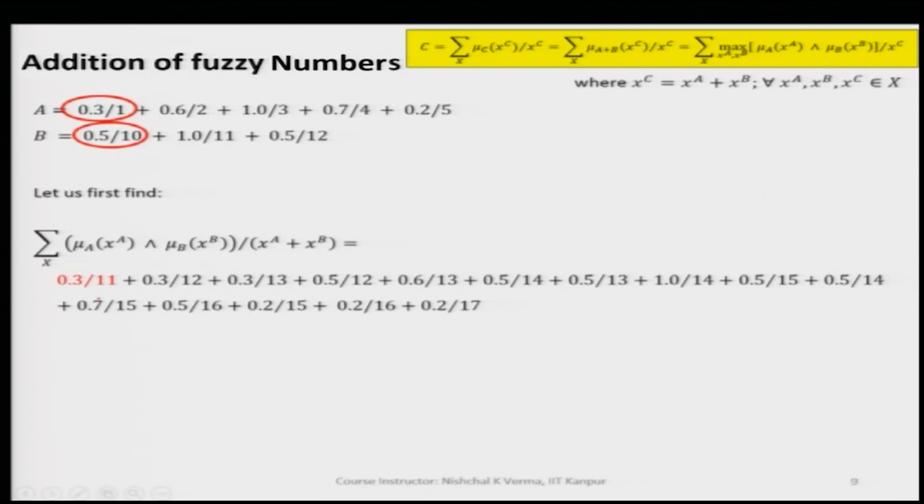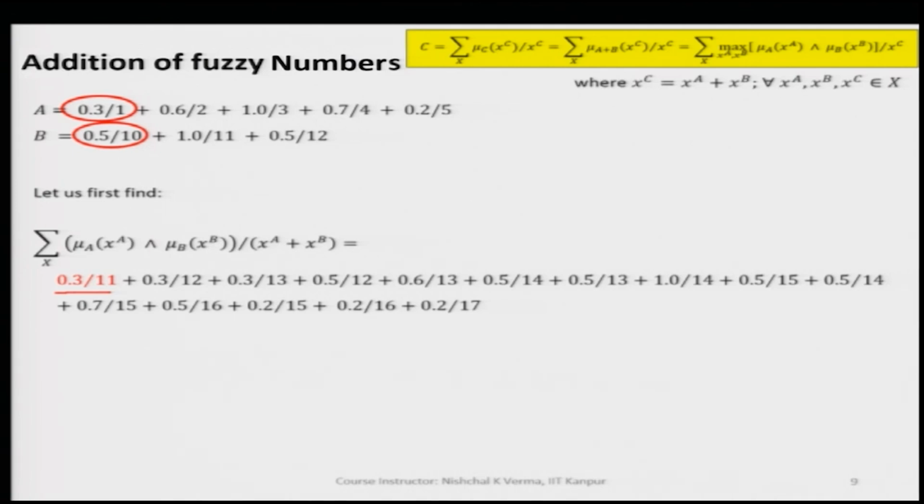We have already seen how we are getting 0.3 oblique 11, and I can repeat here that this is the outcome when we have taken the first elements from both the fuzzy numbers. Next is the next combination.